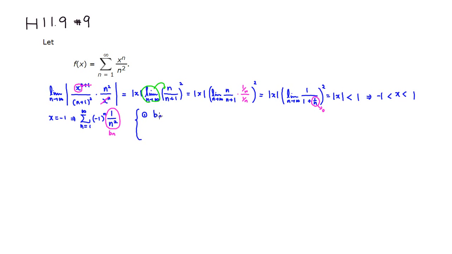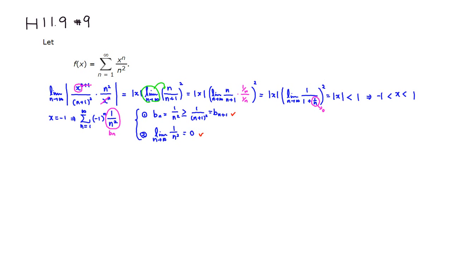You can see that b_n is 1 over n squared, and if you compare that with 1 over (n plus 1) squared, which is b_(n+1), since you're increasing the denominator, we know that this is going to be smaller. Number two, if you take the limit of b_n, which is 1 over n squared, obviously this is 1 over infinity, so it goes to 0. So it satisfies the two conditions for alternating series, so we know that this is going to converge.